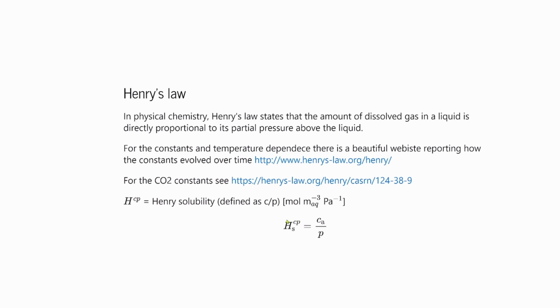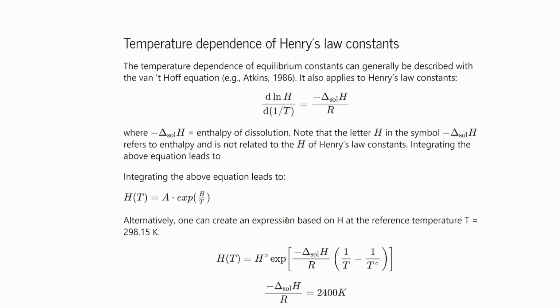So look at the temperature dependence. The temperature dependence can be described with the Van 't Hoff equation. When integrating this, we get a relationship of the temperature and the Henry's law constant, with some constant and an exponential, or we can use this expression, which uses another approach.